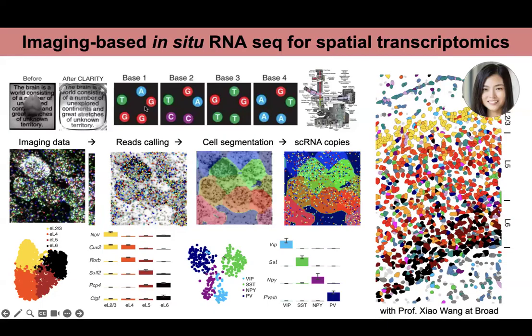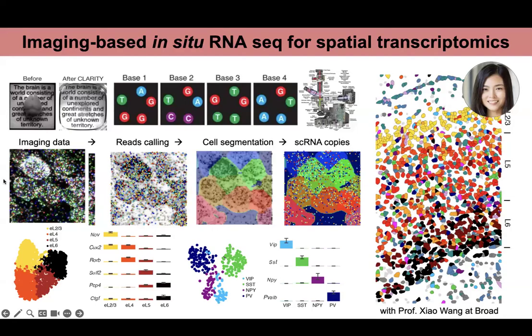Then we can design DNA hybridization probes that can hybridize with the complementary mRNA that we want to identify in situ. And each DNA probe has a unique gene identifier, which can be read out by multiple rounds of imaging-based sequencing.